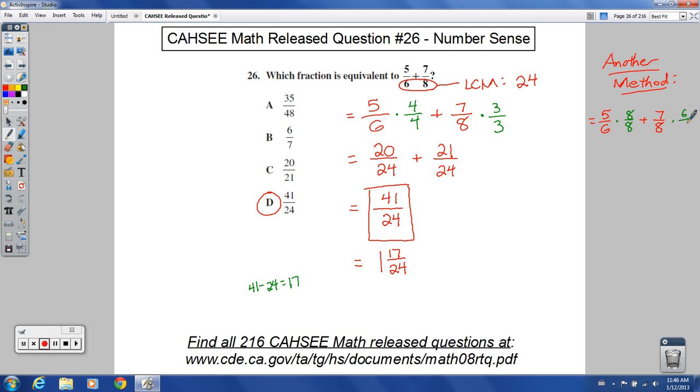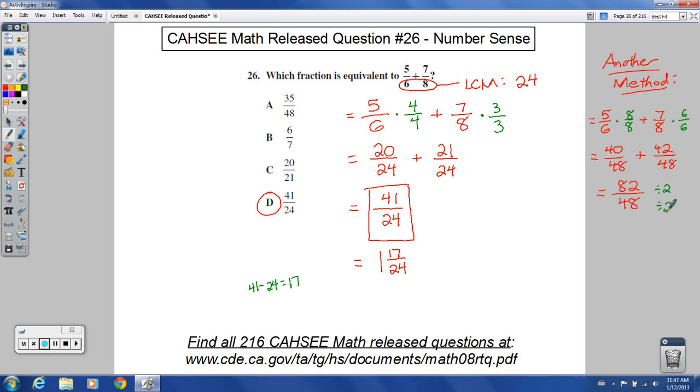So let's see if this works out to get us the same answer in the end. You've got 40 over 48 for that first one, and this would be 42 over 48. Add them together, you've got that common denominator of 48, so that stays the same. 40 plus 42 is 82, and you look at that and say, oh, those are both even, so you can reduce that.